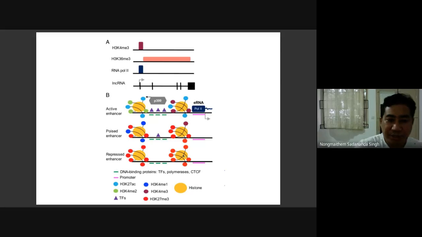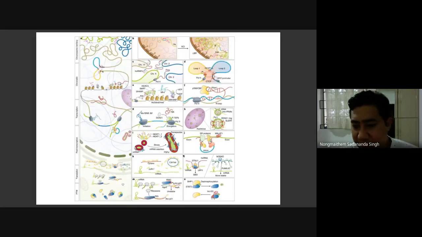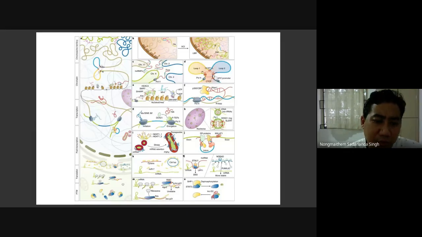Okay, so to summarize, this would be the last slide for today. What has been seen is that long non-coding RNAs can act at very different levels of the organization.